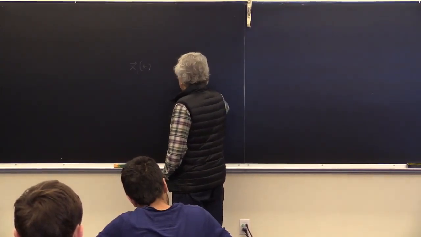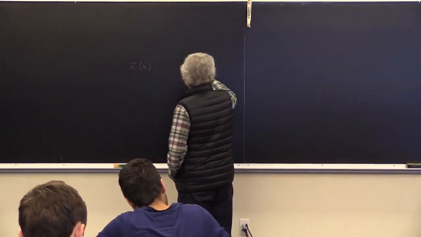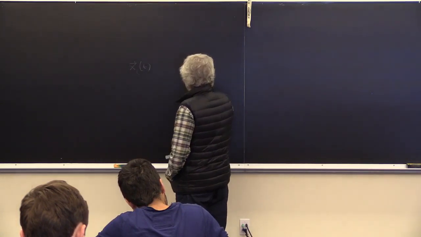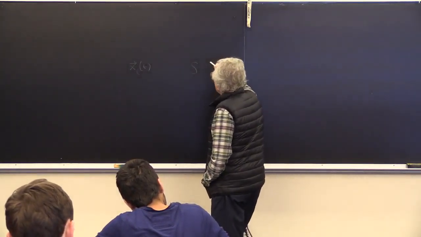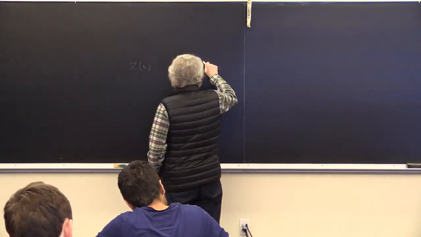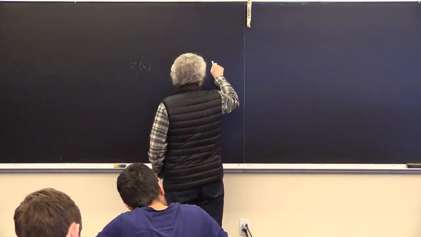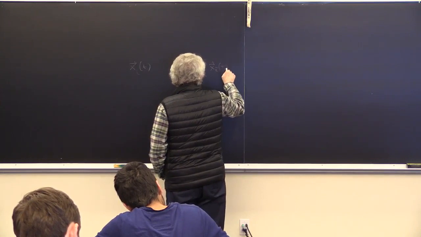So what does that mean? That means that there exists a quantity which usually is called S and called action, which is a functional of those trajectories.